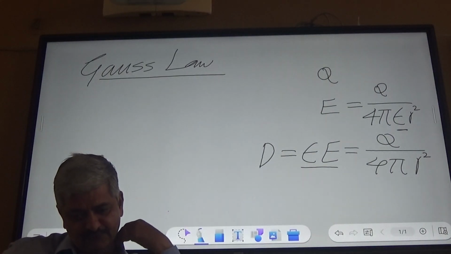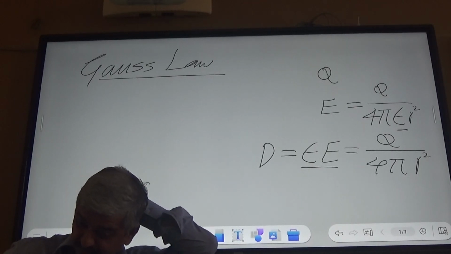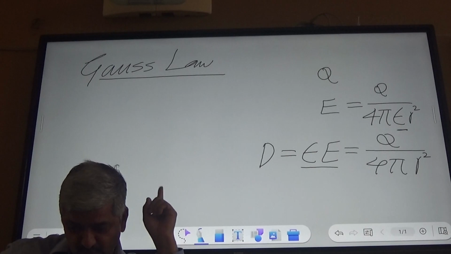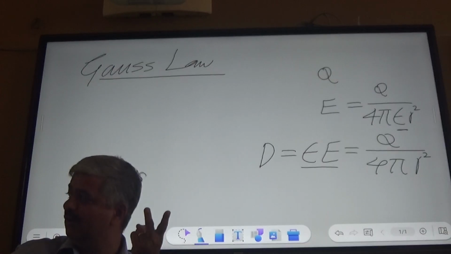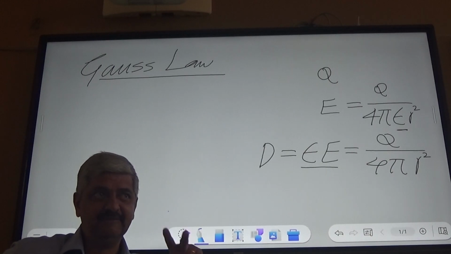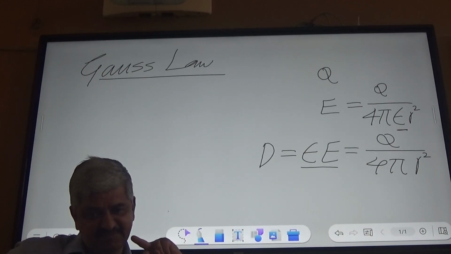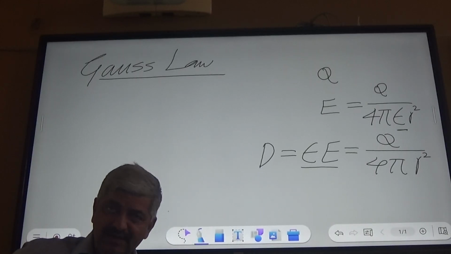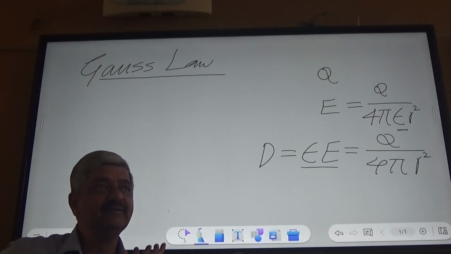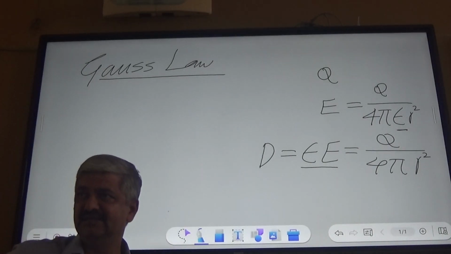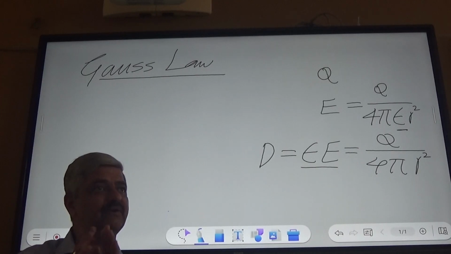In Coulomb's law, Q1 Q2 upon 4 pi epsilon r square is a force. Force experienced by unit charge is field, and field multiplied by permittivity is flux. So the terms electric field intensity and electric flux density should be very much clear.